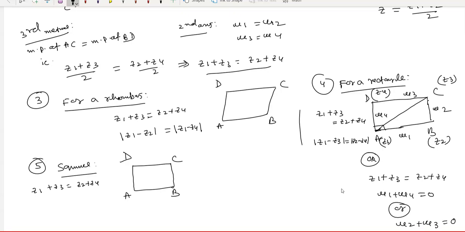Second one is mod AB equal to mod AD, mod Z1 minus Z2 equal to mod Z1 minus Z4. And the third condition, if this has slope mu1 and this has slope mu4, that mu1 plus mu4 must be equal to 0. Okay, if you say no, I will not say in terms of slope, I can state in terms of length of AC equal to length of BD, that is mod Z1 minus Z3 equal to mod Z2 minus Z4. This is perfectly alright.